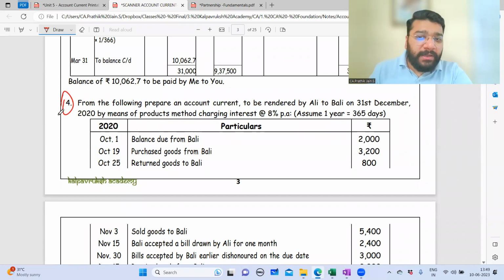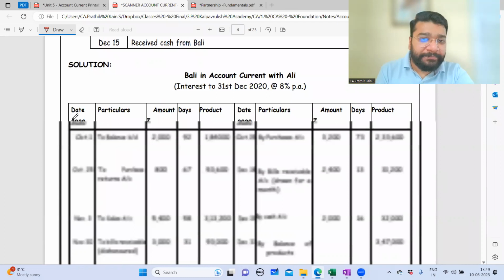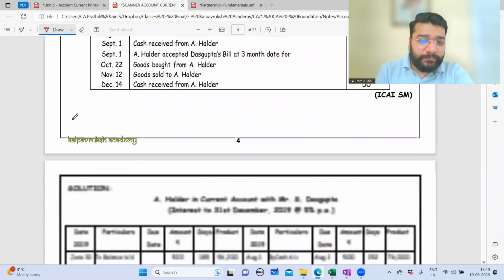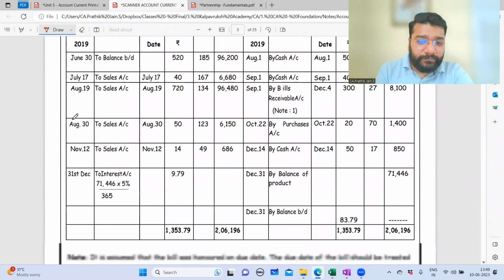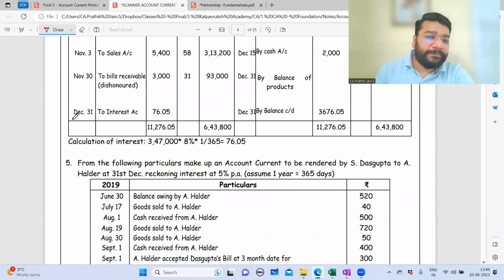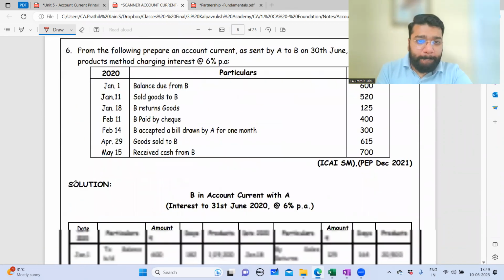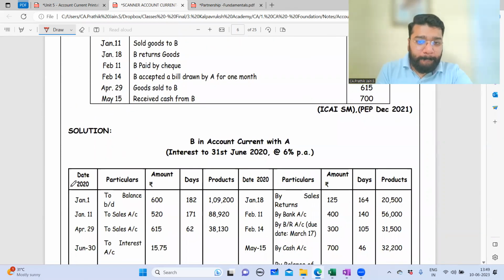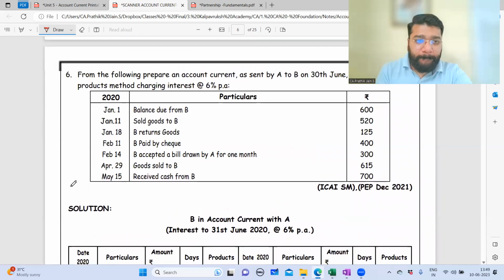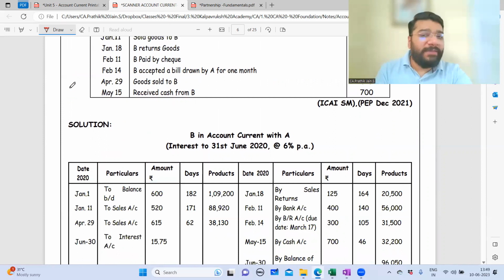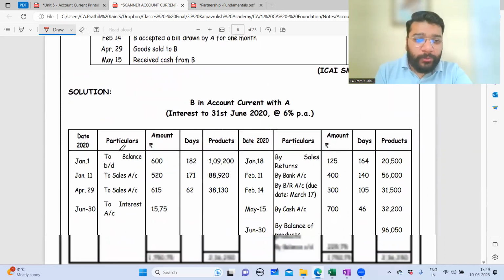I think you might struggle, but no problem, just give it a try, and where you are struggling, let me know. Fourth question is homework. Fifth question also homework. Homework. Of course, among these few questions, I'll do the very tricky and tough ones.